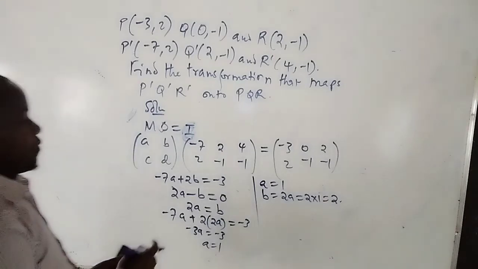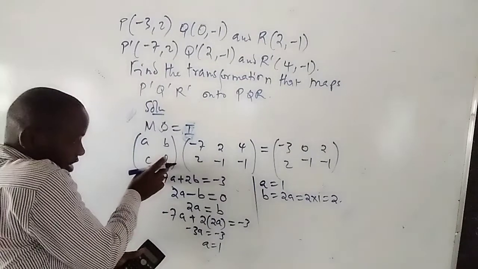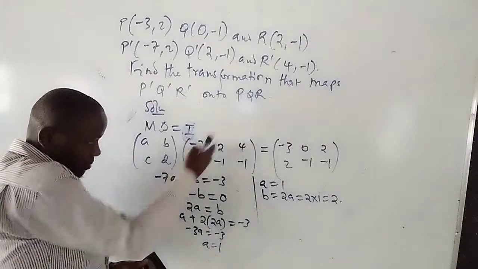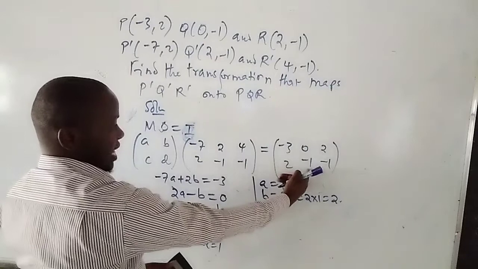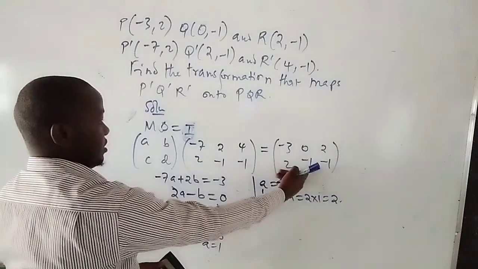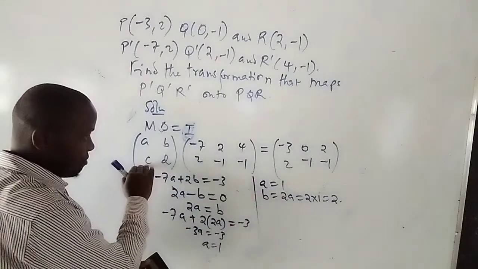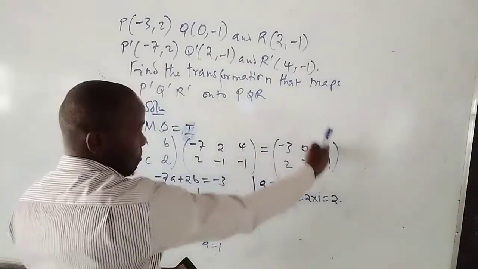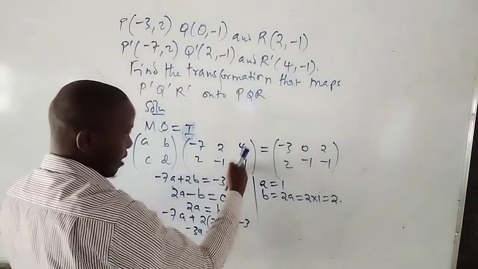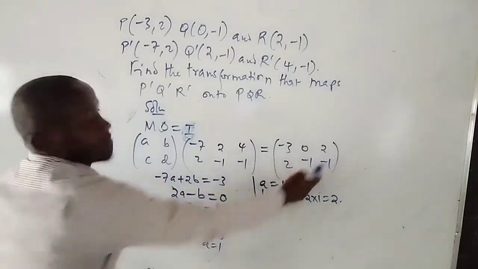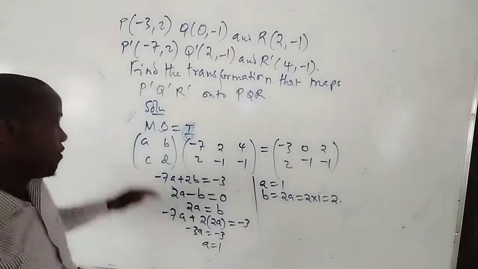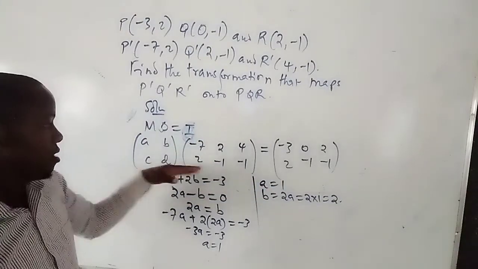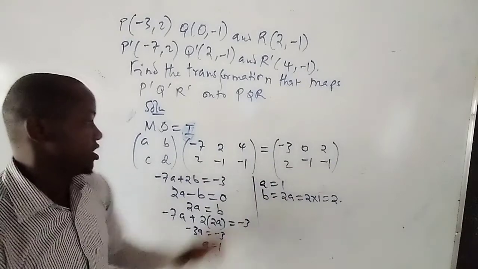Again, when we take this row times this column, it should give us this element, and the same row by this column should give us the value here. Therefore, row by column elements.